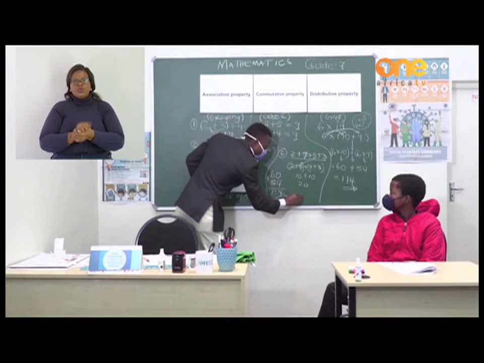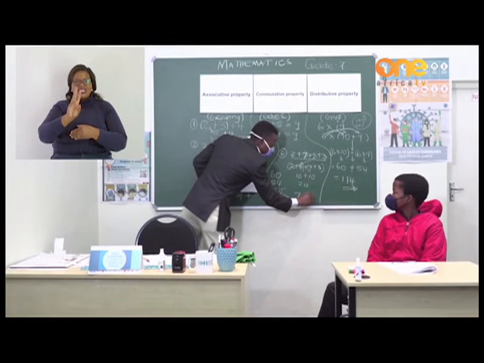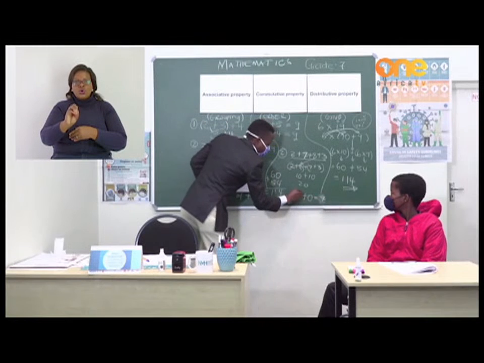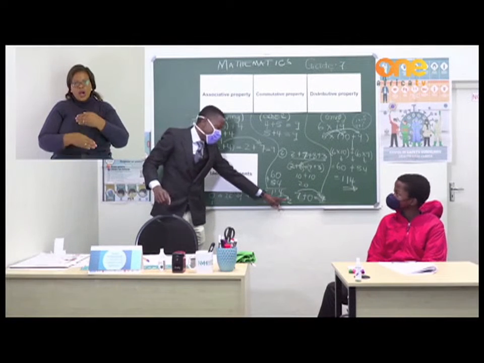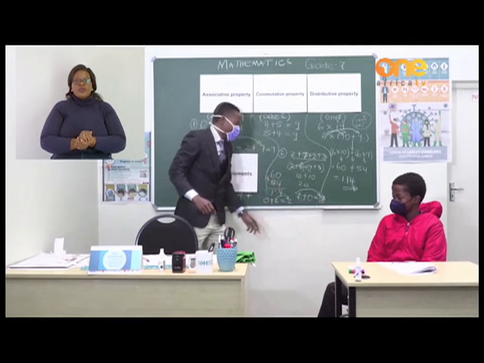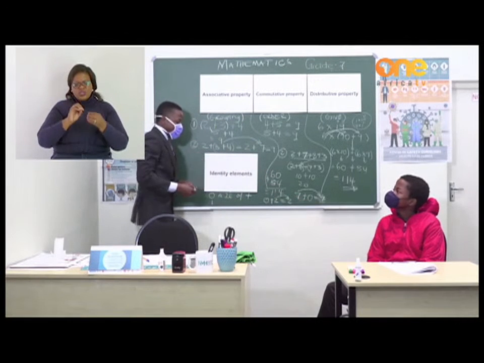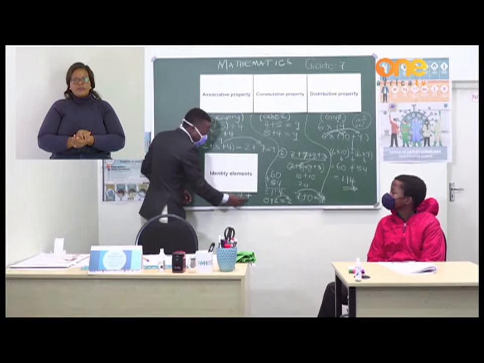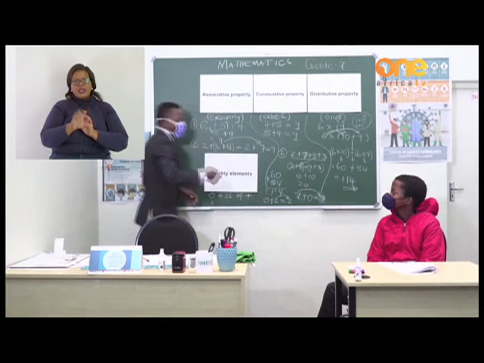Let's say it's 7, you add a 0, you get 7. So when you add 0 to a number, you get that number. When you add 7 to 0, you get that 7. We say 0 is nothing, so you must understand it from that angle. 0 is an identity element of addition because if I add 0 to a number, the answer will be that number.